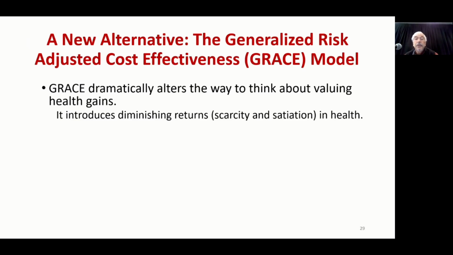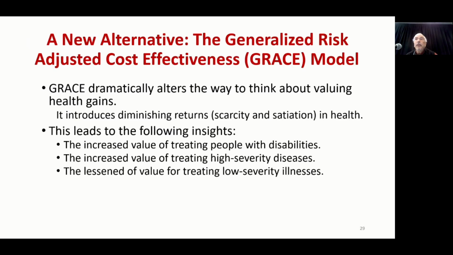So I'd now like to introduce a new alternative to this. I am one of the co-authors of it, the GRACE model, and I think it quite dramatically alters the way of thinking about how to value health gains. It introduces scarcity and satiation in health, and that leads to the following major insights that diverge from cost effectiveness analysis.